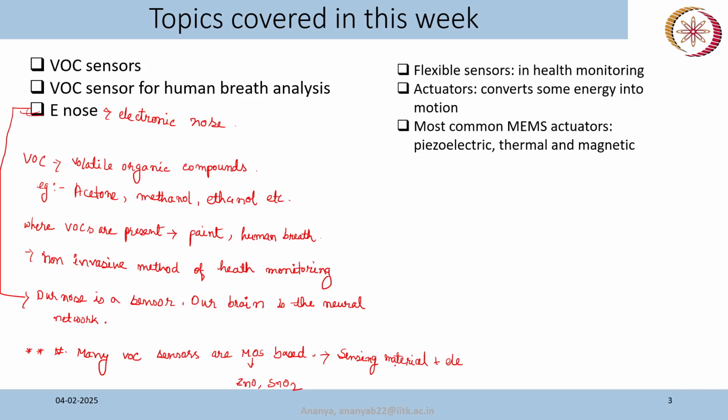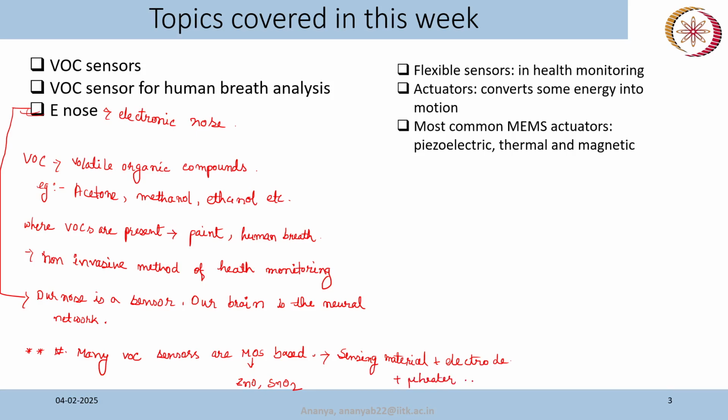So you need a sensing material, a sensing layer, which will be like a film, and then electrode. And then to power the sensor, we will need a microheater.